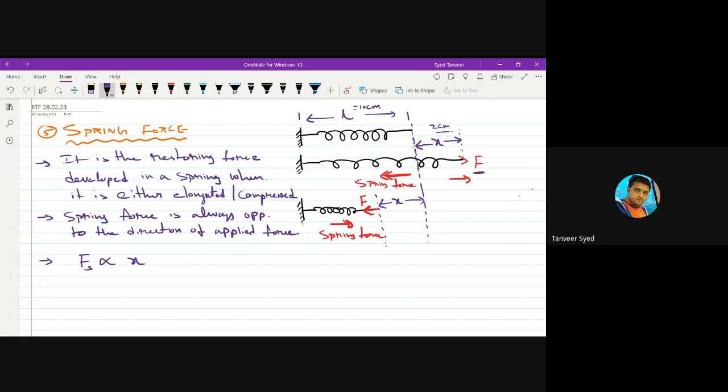So that indicates the force developed inside the spring is directly proportional to the displacement, elongation or compression. And also it is opposite, so to indicate that opposite direction, we put a minus here. So spring force is directly proportional to displacement and opposite in direction.